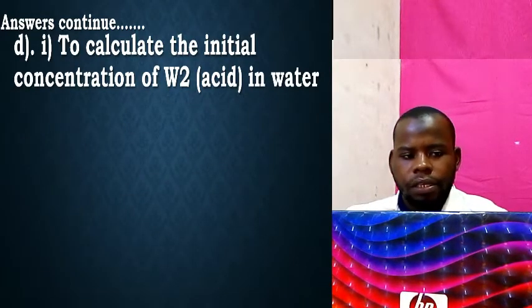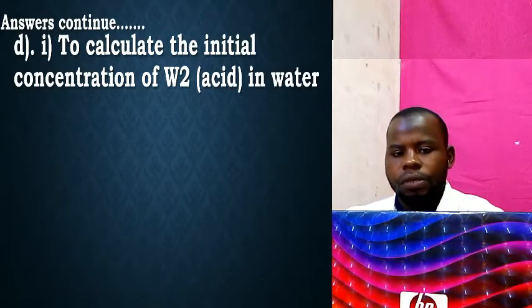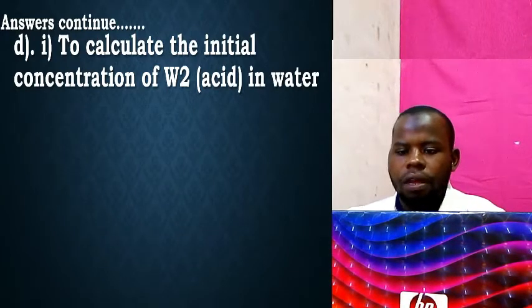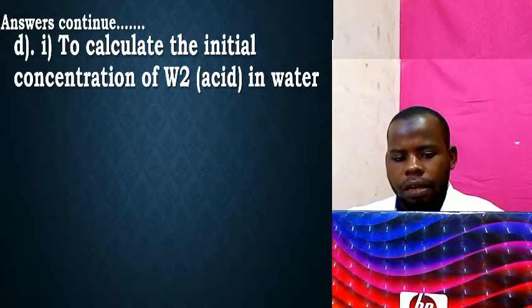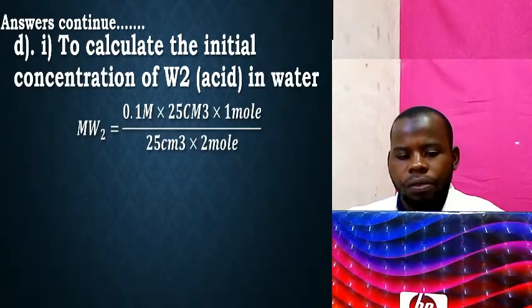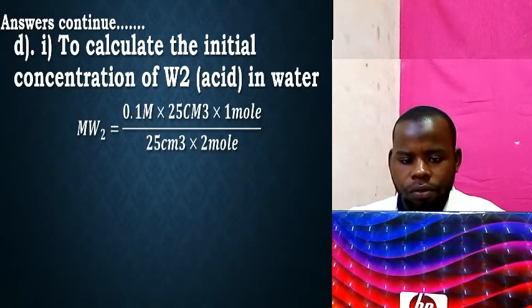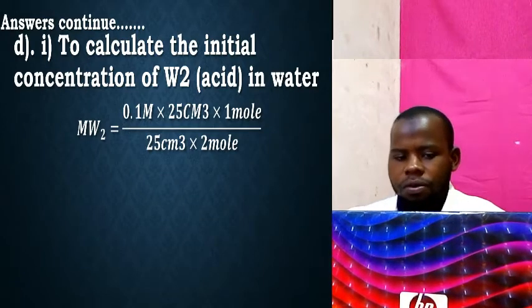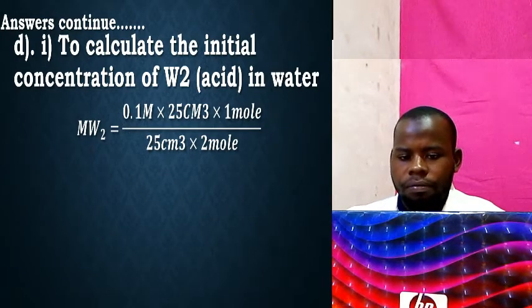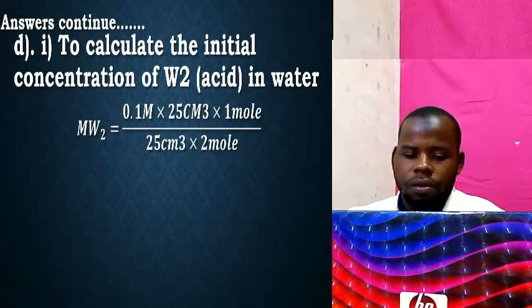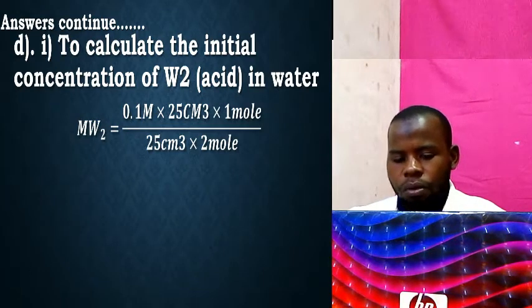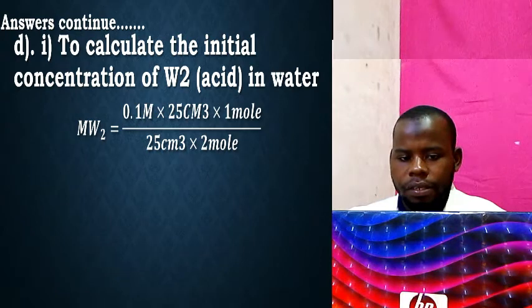We proceed with the same question: calculate the initial concentration of W2 acid in water. MW2 is equal to 0.1 sodium hydroxide times 25 volume times 1 mole, divided by 25 times the 2 mole number of base.